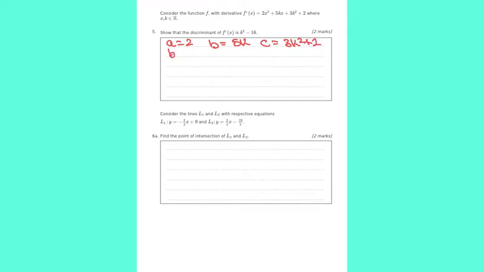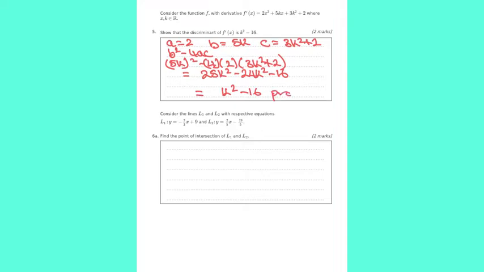Therefore, using the discriminant b squared minus 4ac, substitute in the values, we get (5k) squared minus 4 times 2 times (3k squared plus 2), which is equal to 25k squared minus 24k squared minus 16, which equals k squared minus 16, proved.